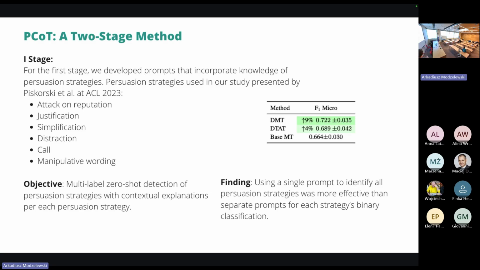So the DTAT is detection one task at a time, so one category at a time, which means binary classification per category, per persuasion strategy. And the multi-label task was chosen for the final method.